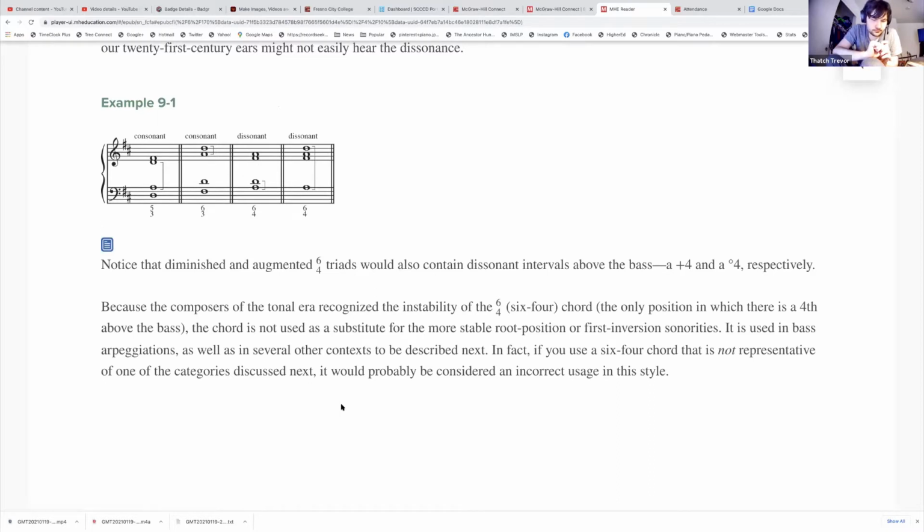It is used in bass arpeggiations as well as in several other contexts to be described next. In fact, if you use a 6/4 chord that is not representative of one of the categories discussed next, it would probably be considered an incorrect usage in this style.